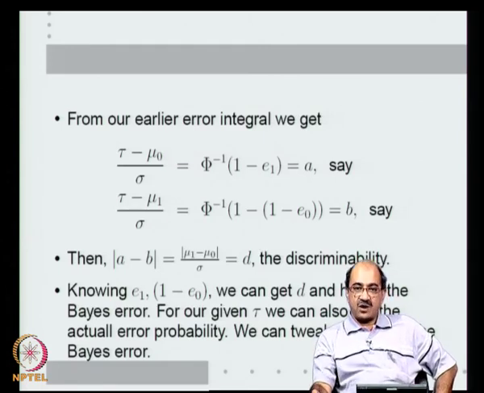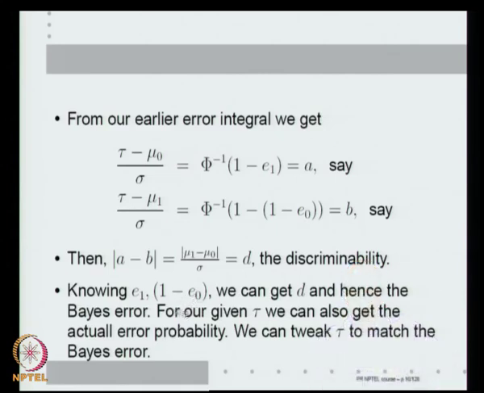I can start with some tau, and get my E 1 and E 0. Once I have E 1 and E 0, I have E 1 and 1 minus E 0, and hence I can calculate discriminability D. As we derived last class, D completely specifies the Bayes error. So, I know for this problem what the optimal Bayes error is. Then I can ask if the tau I am currently using achieves this error rate.